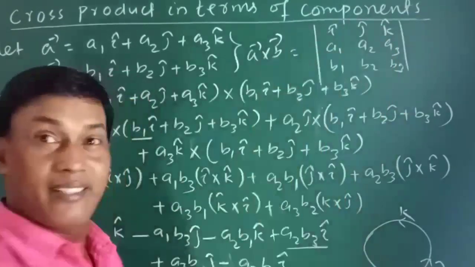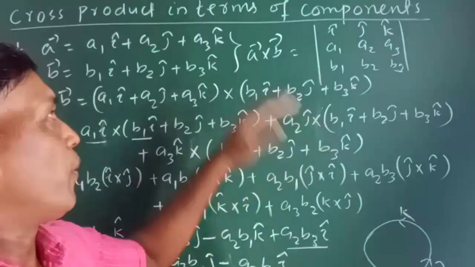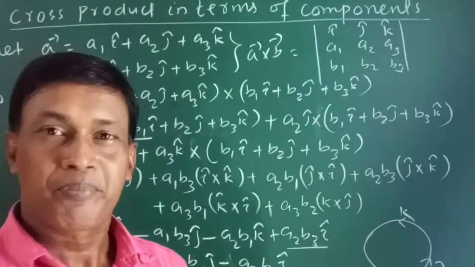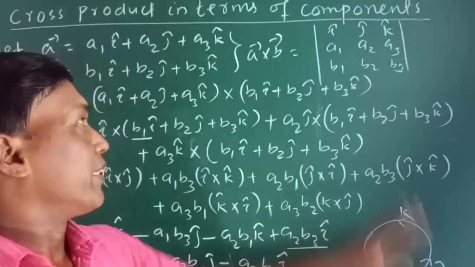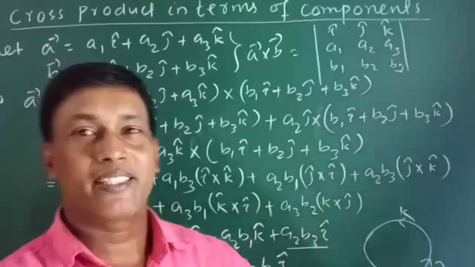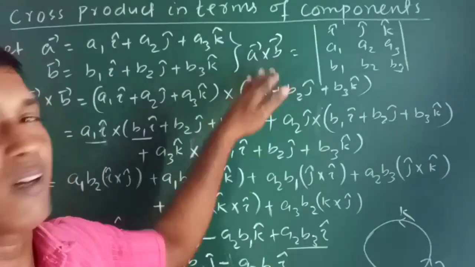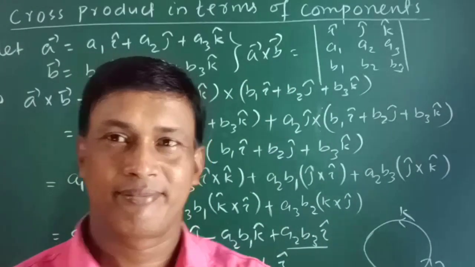Now expand this, this will be the value of A cross B. If you are given two vectors A vector and B vector, then A cross B is equal to this determinant, then expand this determinant, and you will get the value of A cross B.